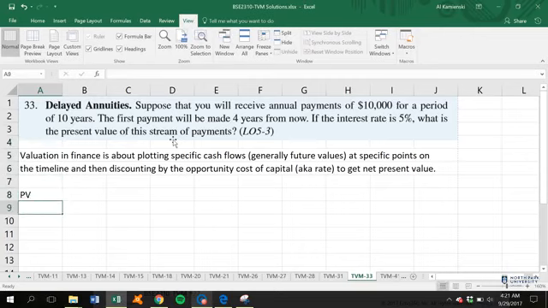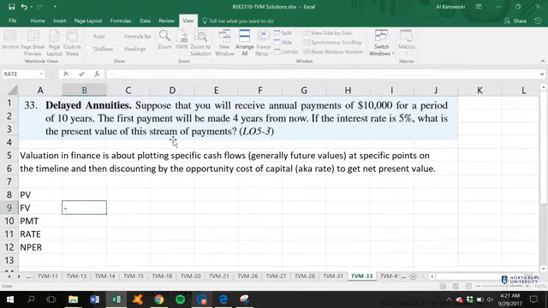Present value, future value, payment, rate, and time. And we are going to receive future values of $10,000. They are not going to be payments.